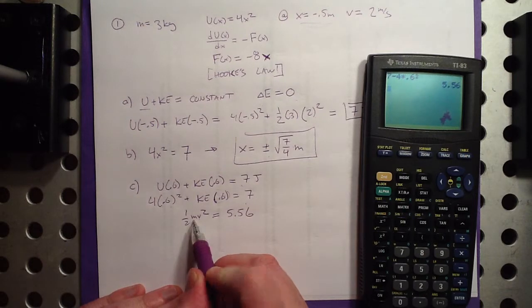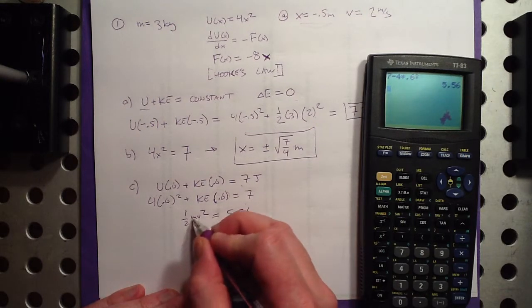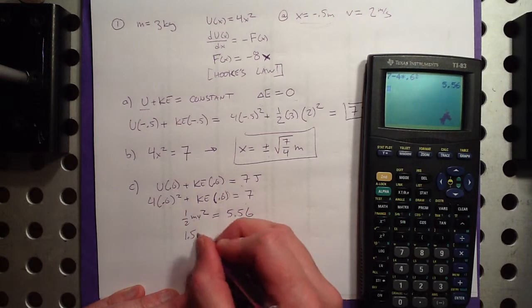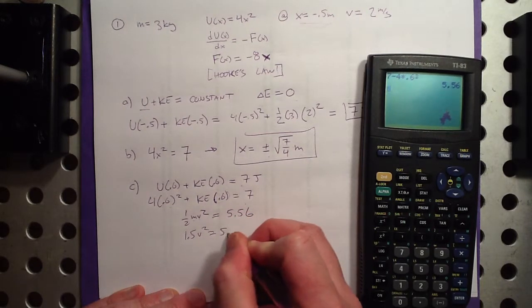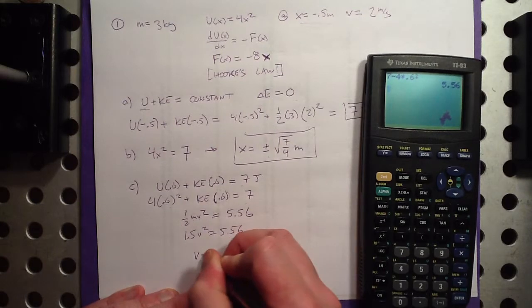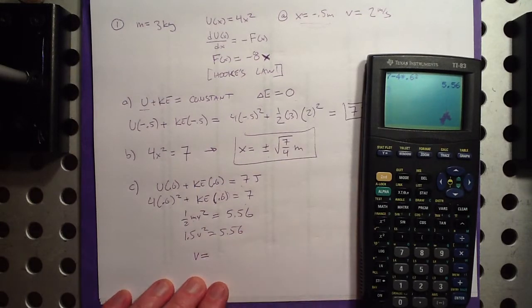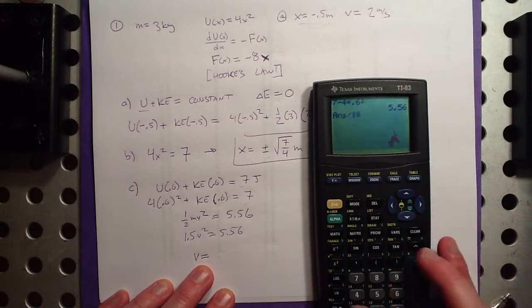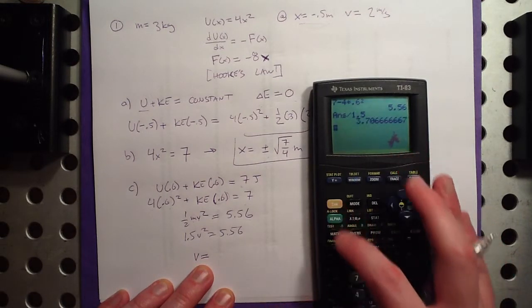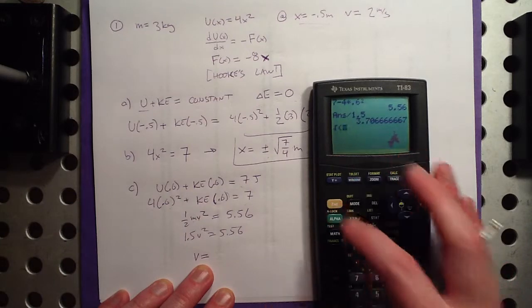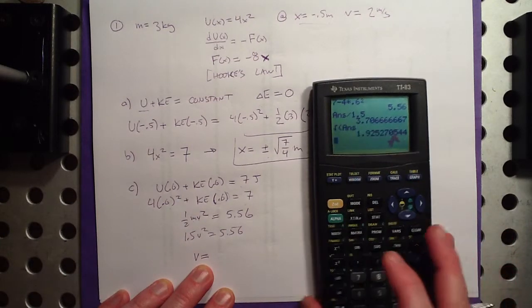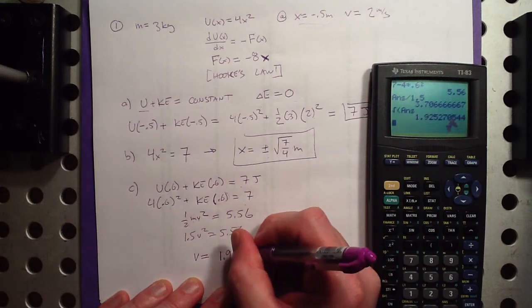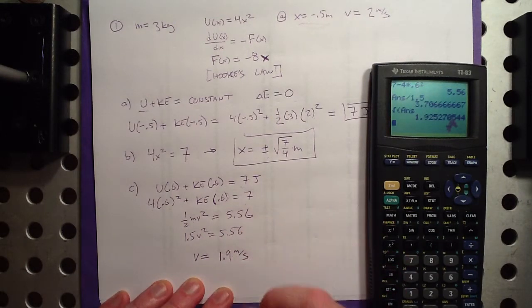And I know what the mass is, so let's see, that's 1.5, mass is 3 times 1/2 v squared equals 5.56. So the velocity, 5.56 divided by 1.5, and then I want the square root of that. And that gives me a velocity of 1.9 meters per second.